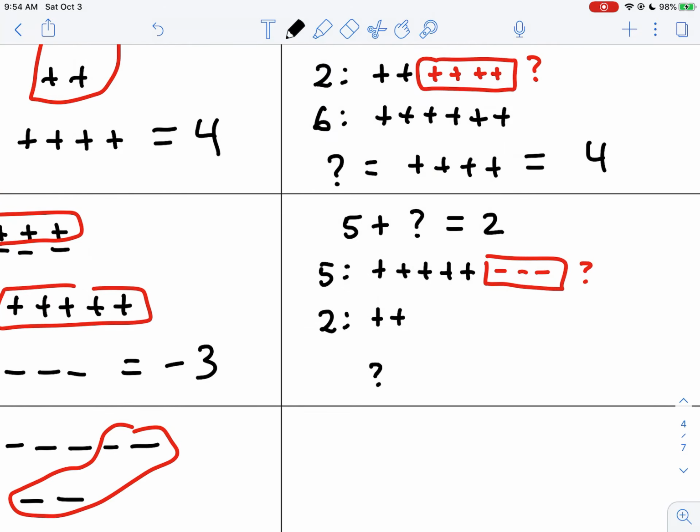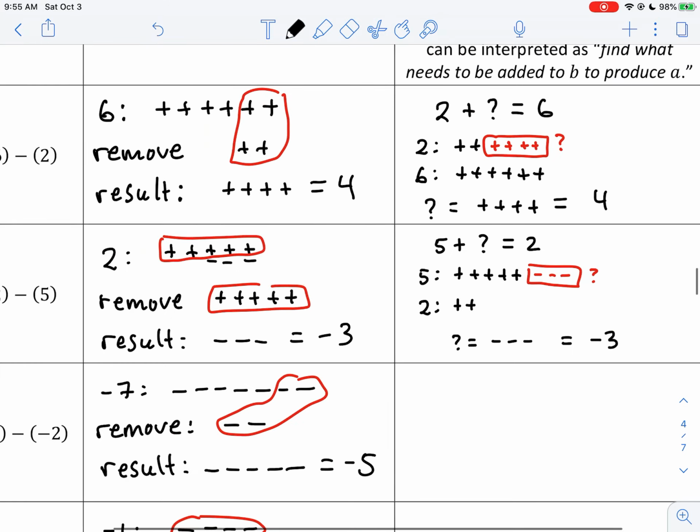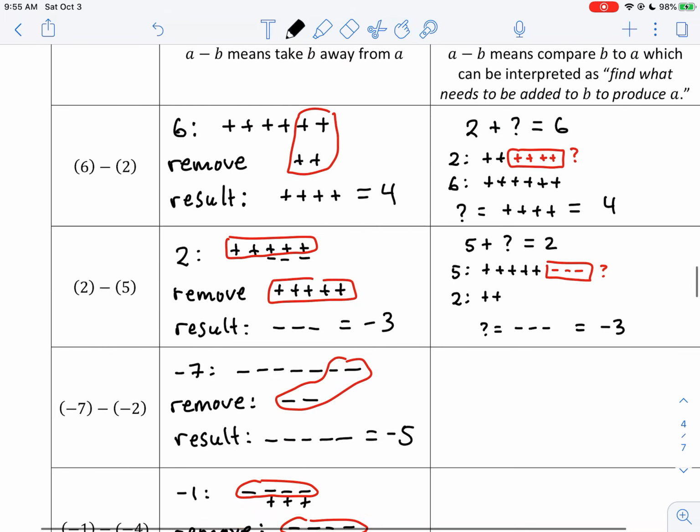Okay, so using the comparison model, we need 3 minuses, so that corresponds to a negative 3 as the answer. What needs to be added to 5 to make 2? You need to add negative 3 to 5 to get 2.